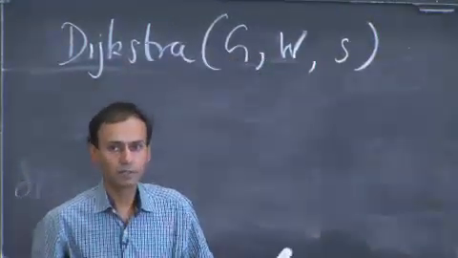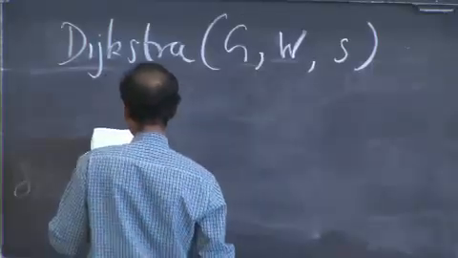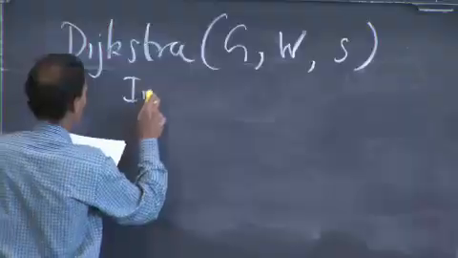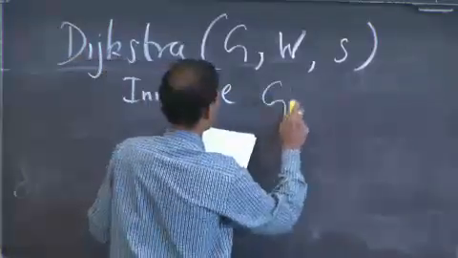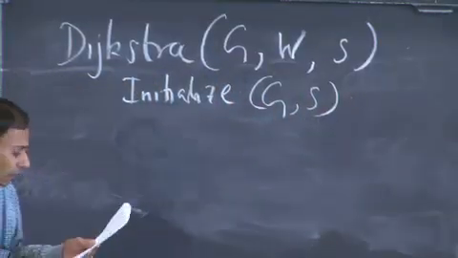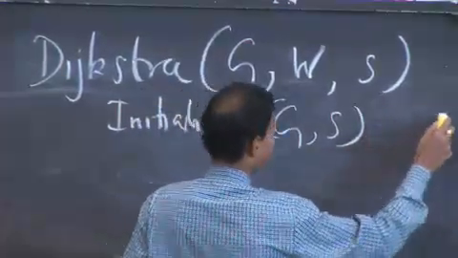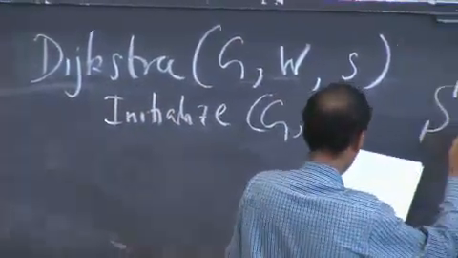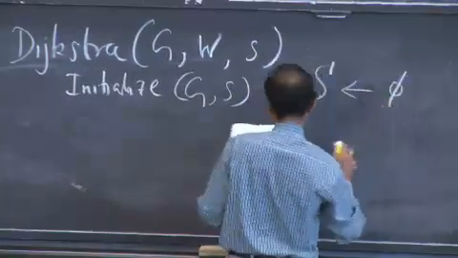So G is your graph, W are the weights, small s is the starting vertex. We're going to initialize G and S, which means we just mark S as a starting vertex, and we're going to also have this capital S that I'll use these little bars to differentiate from small s.